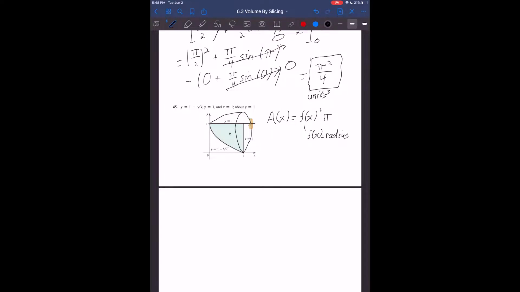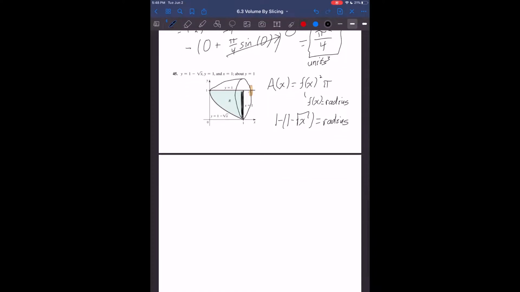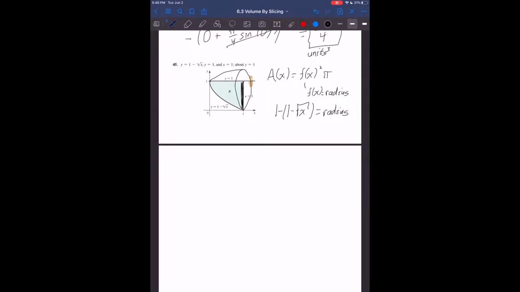Instead, I want to know how far I am away from the center line, and this center line is y equals 1. So my radius in this problem, and you can kind of see it right here, is going to be 1 minus my function. So it'll be 1 minus the square root of x.